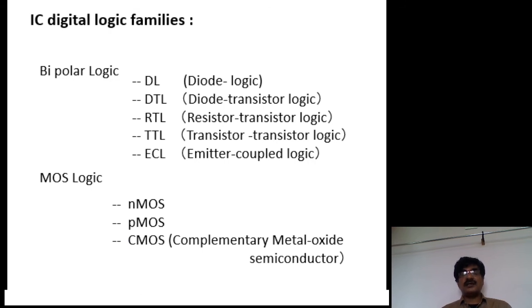Based on the user requirement, suppose the requirement is very fast operation, what is the preferable family? That is ECL. Suppose the requirement is that power consumption should be low, which family do you go for? That is CMOS. So that is the classification of logic families.